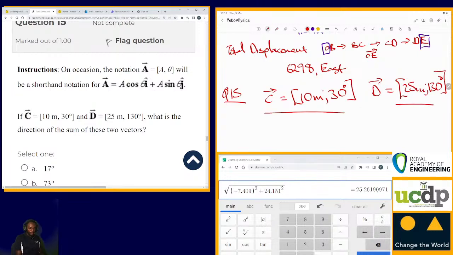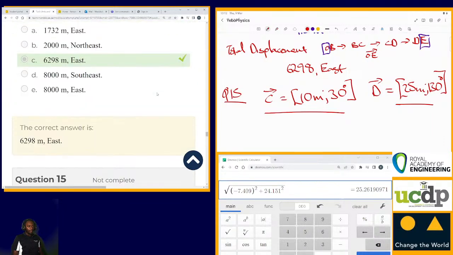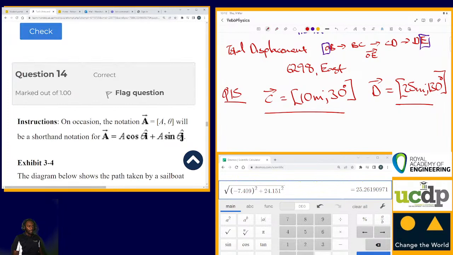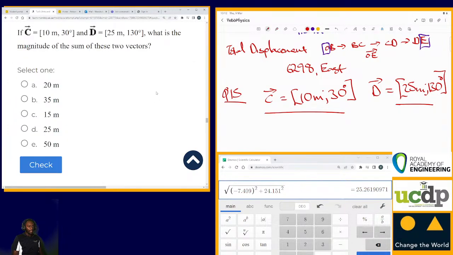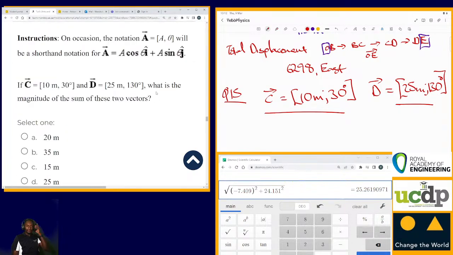Okay. So this information that we're given here is similar to the information that we are given in question 13. Do you realize that? Okay. Because to find the direction, we should first find the magnitude of the sum.